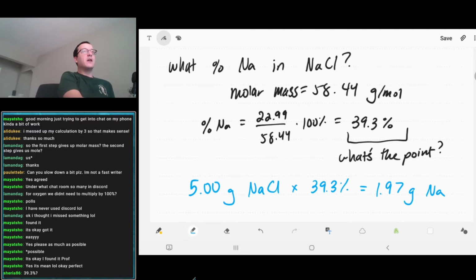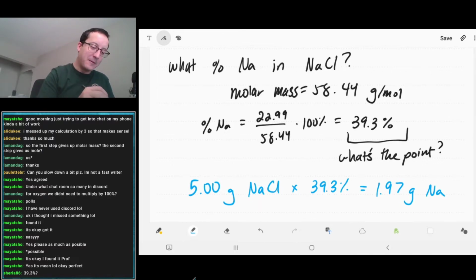Of the 5 grams of salt, there's actually 1.97 grams of sodium in there. That's pretty much well above what this person should probably be having per day, but I guess adding 5 grams of salt to something would be a fairly significant amount.